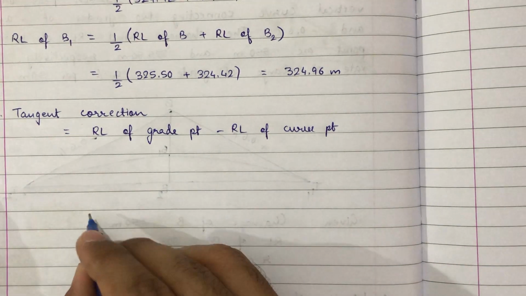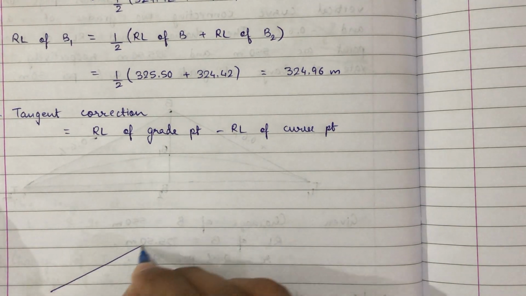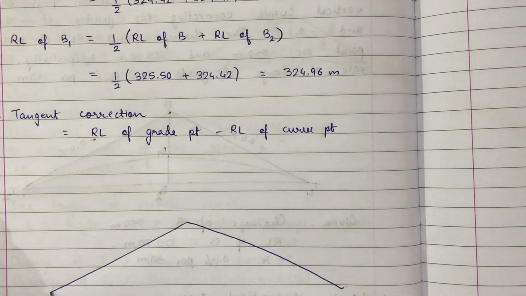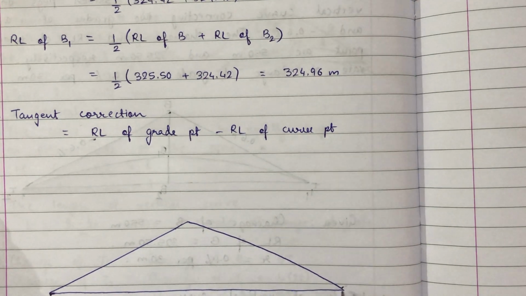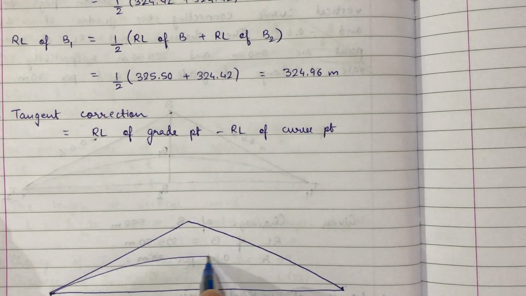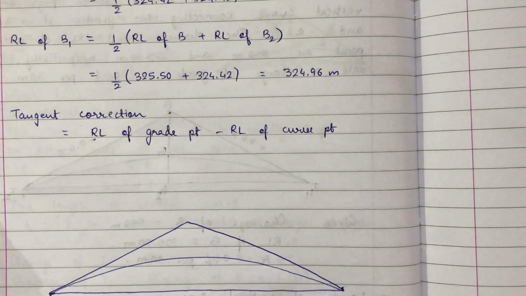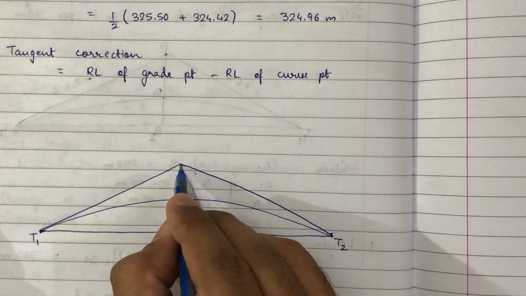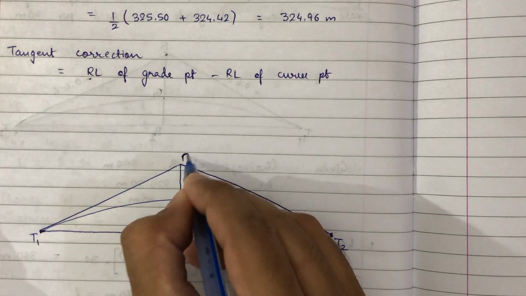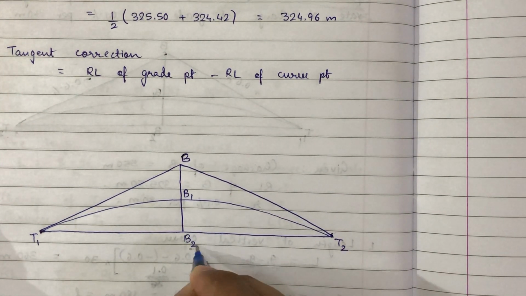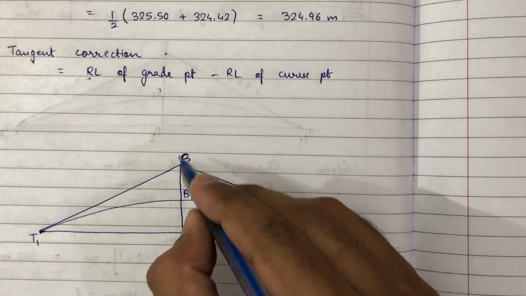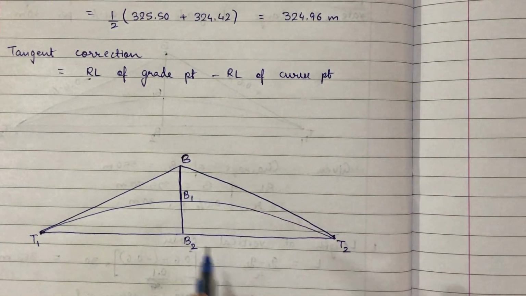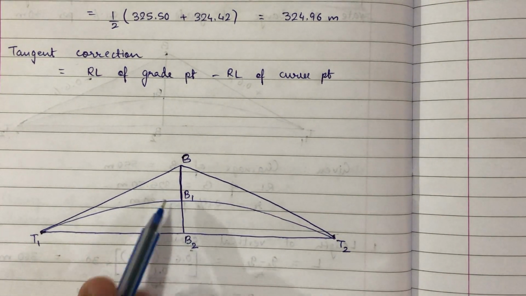Now let us draw this figure again over here. This is the vertical curve and this is the point T1, this is point T2. Here we have this point B, B1 and B2. Now if we need to find the tangent correction here, the tangent correction will be RL of grade point.